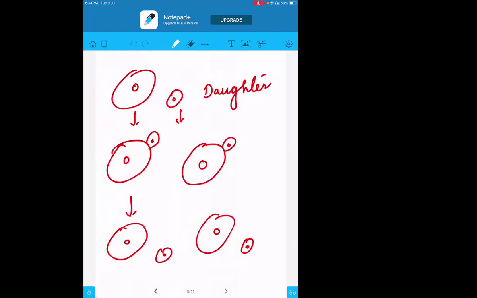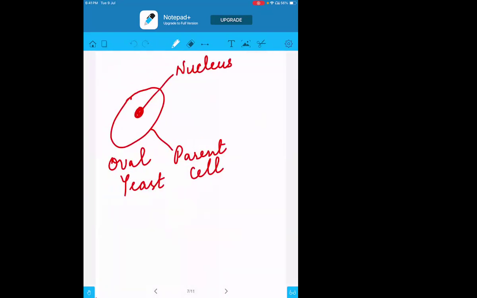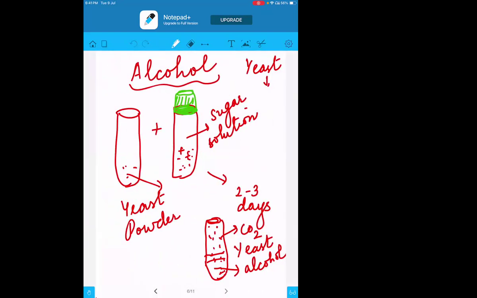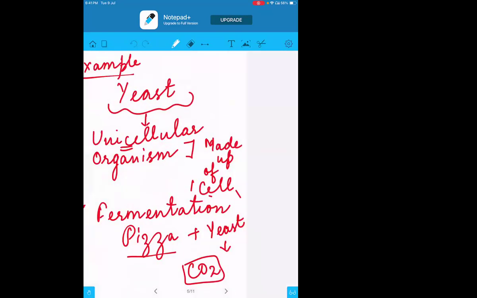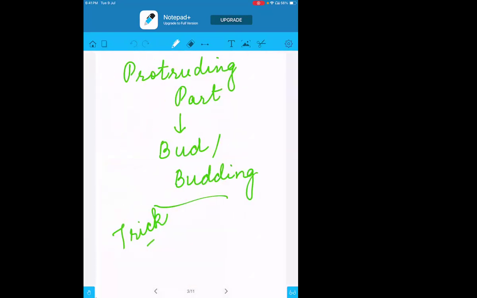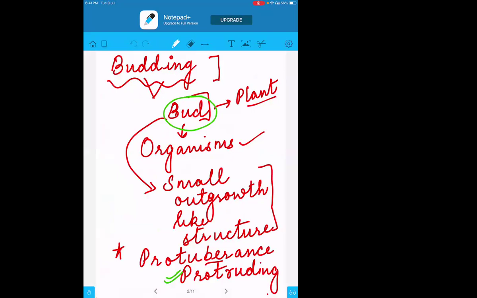So children, just note this down. From here, you should write it. Ma'am, can you once show the last page? I'll be going to the last page. Just give me a minute, okay?